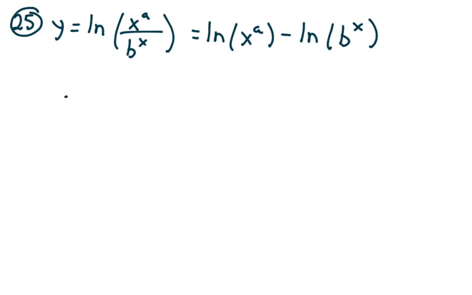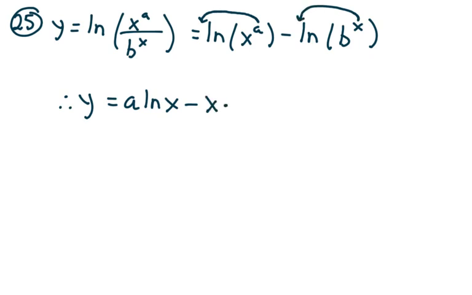And so therefore, by properties of logs, again, we can pull the a out in front of the log and write this as a times natural log of x minus, and if I pull the x out in front, I'm going to subtract x times natural log of b.